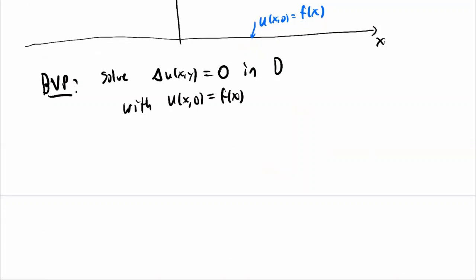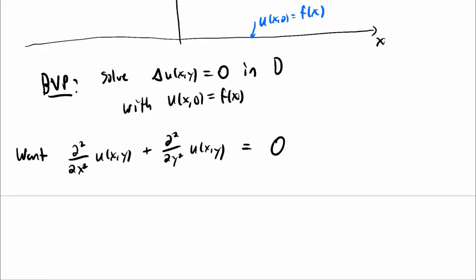Well, what is the equation that we're trying to solve, right? So I want the second derivative with respect to x of u plus the second derivative with respect to y of u. This is the Laplacian. I want this equal to 0 when y is bigger than 0. Right.